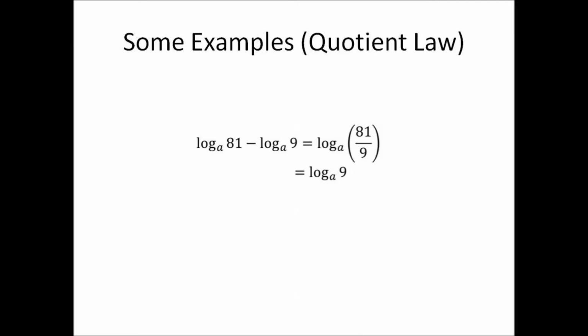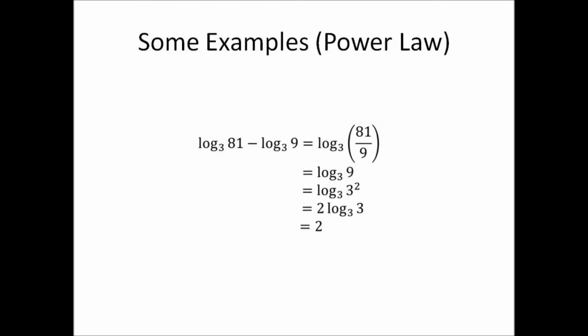So the example here we are making use of the base power A. If we have log A 81 minus log A 9, since the base power is the same, we can just use 81 divided by 9, and we will get log base power A 9.